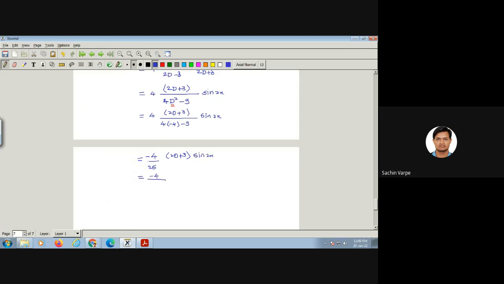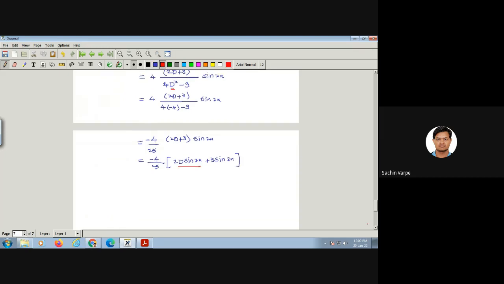So -4 by 25 into 2D sine 2x plus 3 sine 2x. What is D of sine 2x? D means derivative, isn't it? So -4 by 25 क्या होगा? 4 cos 2x ना, plus 3 sin 2x. You can observe here D is completely eliminated, and this is our particular integral.